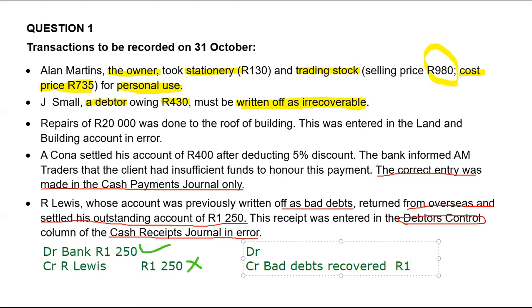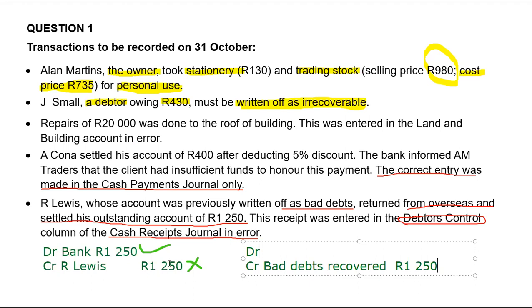And bad debts recovered is an income account. That's why we credit it. And we debited bank, which is correct. We can't correct what is already correct. We have to correct what is wrong.